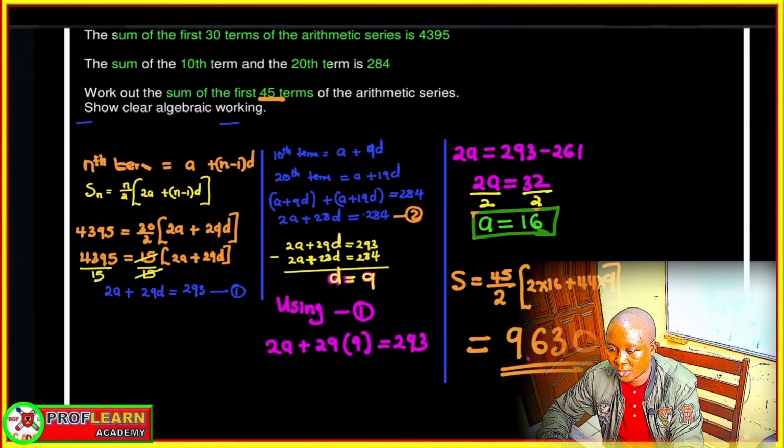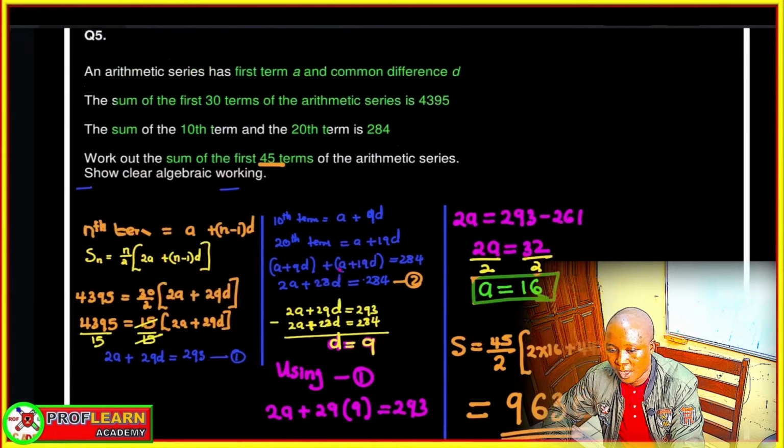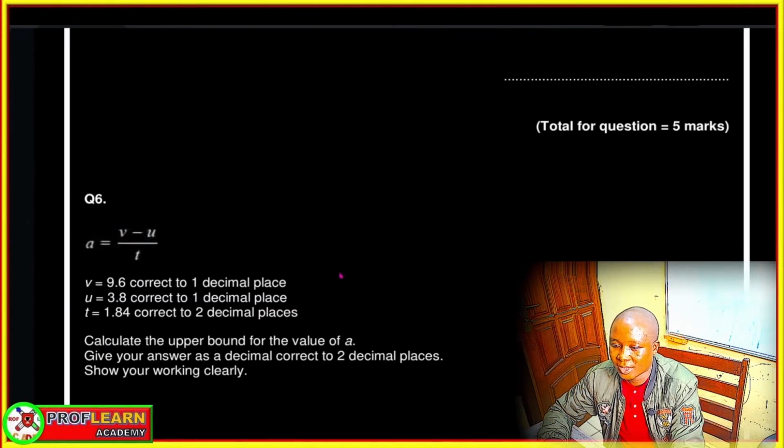If you work it out, the final value will be 9630. The sum of the 45 terms will be 9630. And now we can move to the next question.